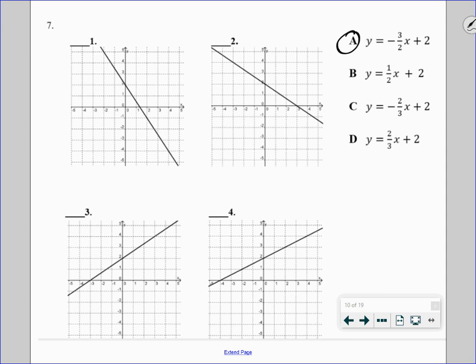So which one has a slope of -3/2? Well, if we start here and go down 1, 2, 3, and over 2, so that's A. Here, we go down 1, 2, and over 3, so that's a slope of -2/3. So that's C.